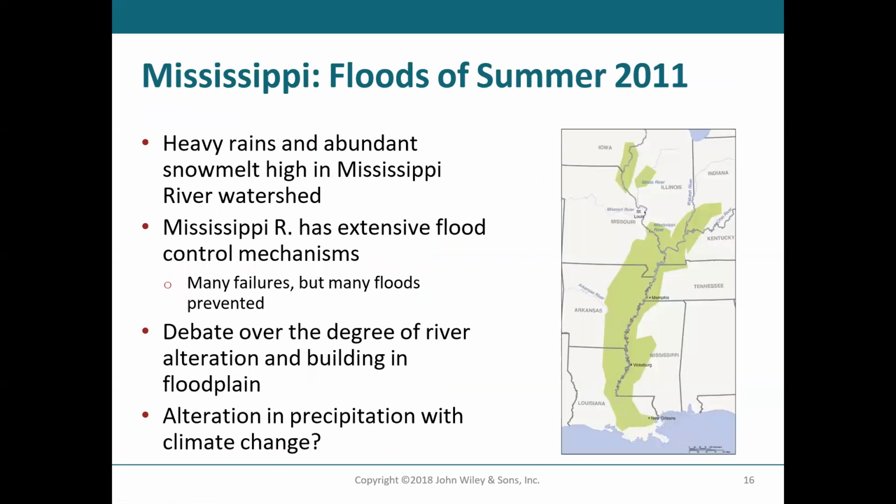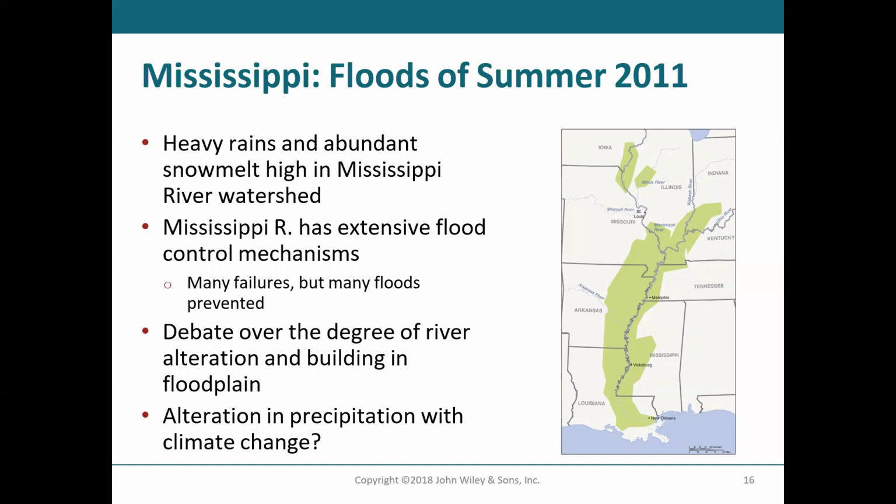The Mississippi, the floods of summer 2011. Now, the Mississippi River is the longest river in the United States of America. It spans 31 states and 2 Canadian provinces, and it floods frequently. In 1993, the flood involved farms and towns in 9 Midwestern states, spreading over 9.3 million hectares and causing over $12 billion in damage.